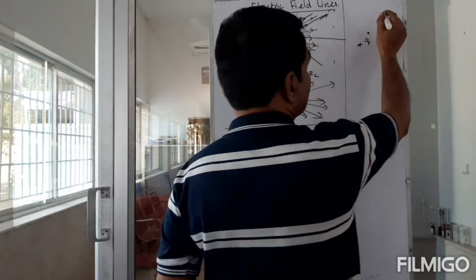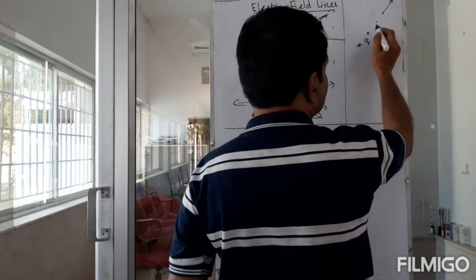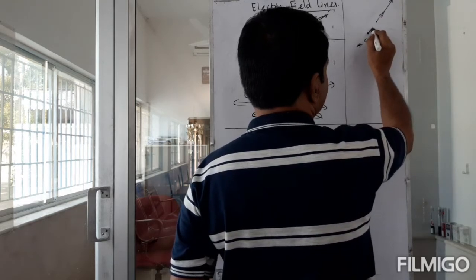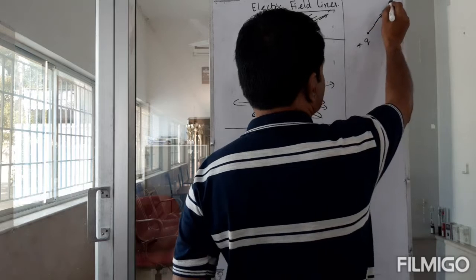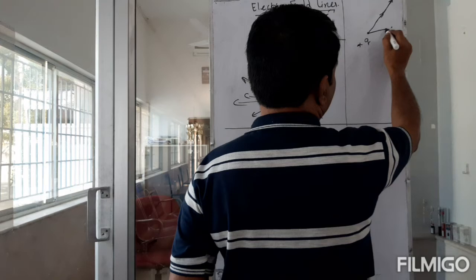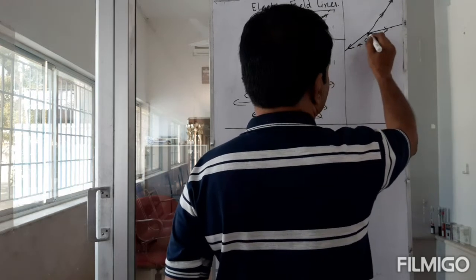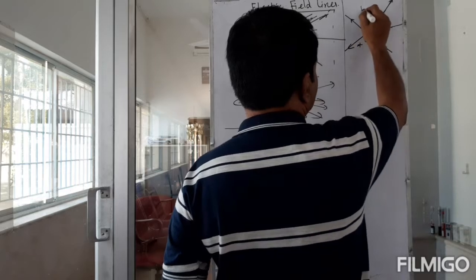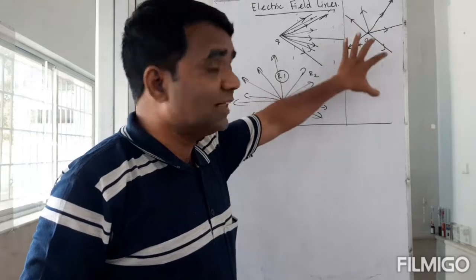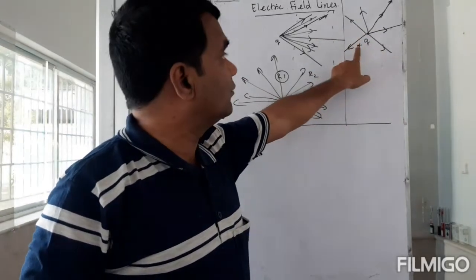Then what's going to happen? It's going to be repelled in this direction. If you bring it here, it will be repelled in this direction, and here, in this direction, and in this direction. Note that the electric field lines seem to originate from the positive charge.